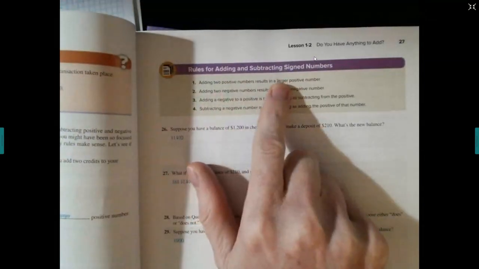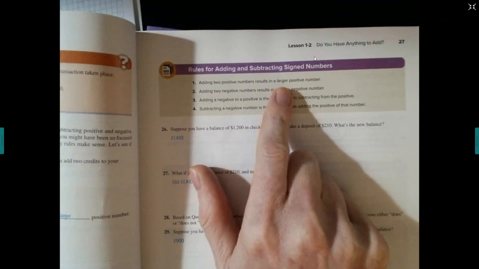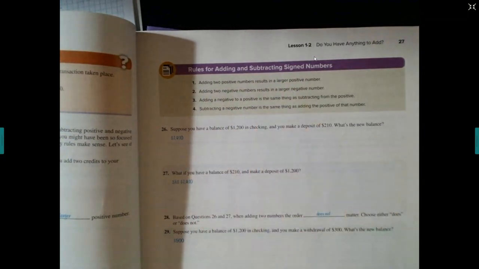So anyway, we talk about adding and subtracting signed integers. Debits go down, credits go up, so you have negative and positive values. And that's why this is all related. And then we talk about adding is commutative. The order in which you add doesn't matter. Subtraction is not commutative.